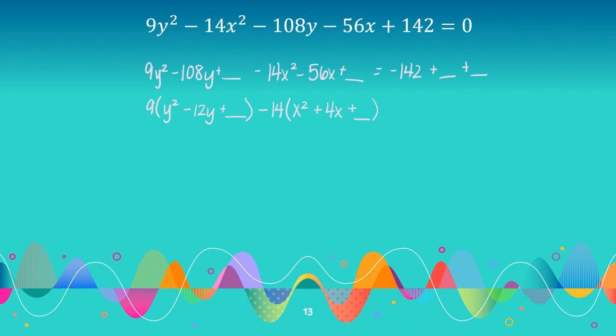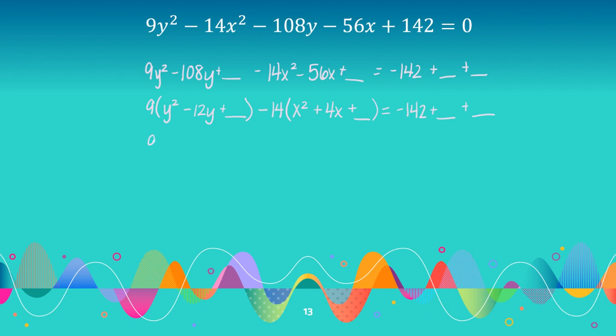The big thing about hyperbolas is you really got to watch your signs, okay? Remember that you're factoring out a negative, in this case -14. And so you have to factor out a negative 14 from 56, which becomes a positive 4. Please be very careful with your signs. If you're not, you might mess something up, adding instead of subtracting or vice versa.